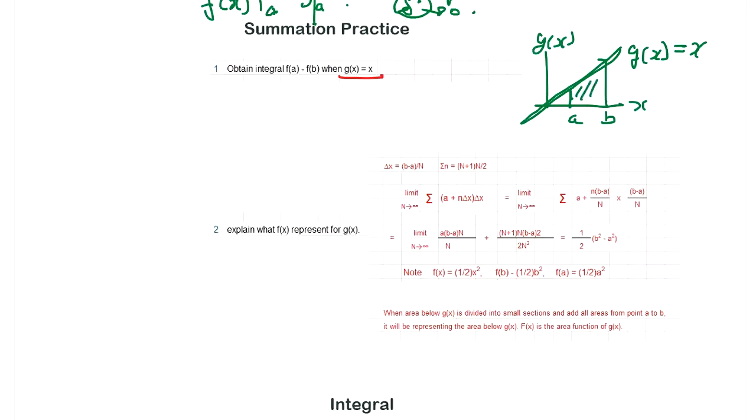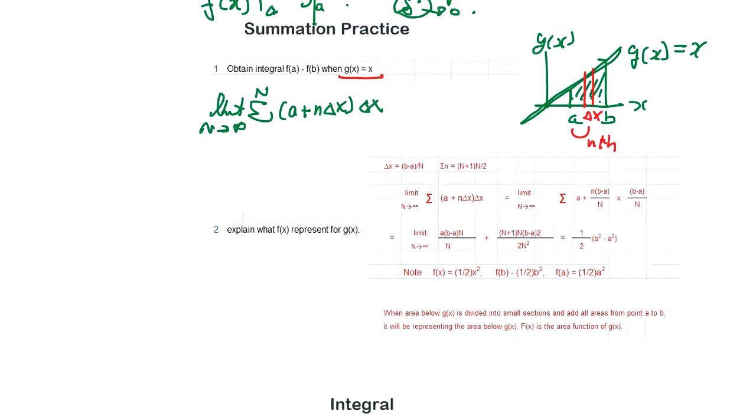What is the area of this? Okay, so we take an integral. Now the limit as n equals infinity, of the sum of n terms, a plus n delta x, because we take this delta x, the nth delta x.